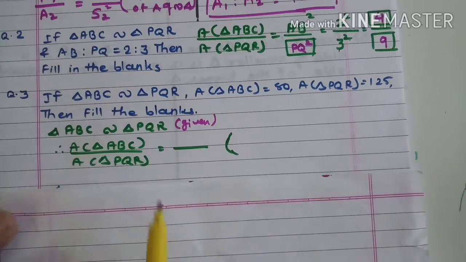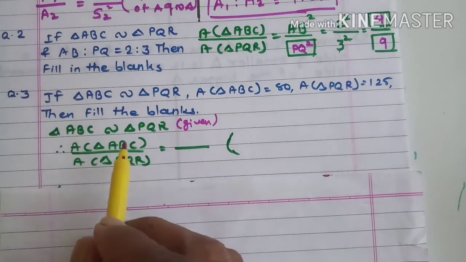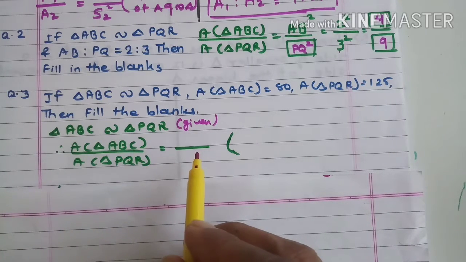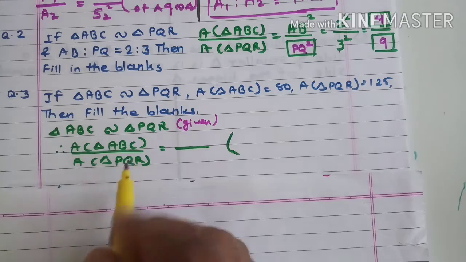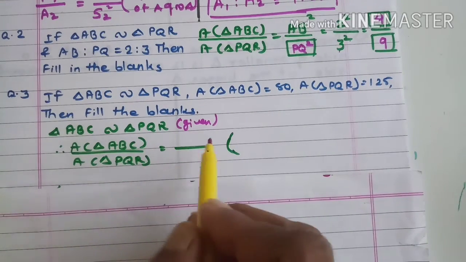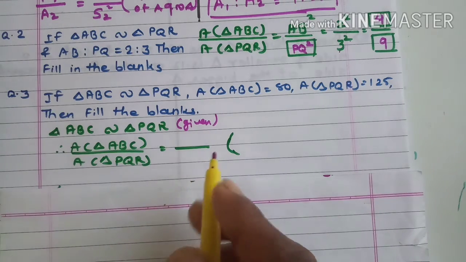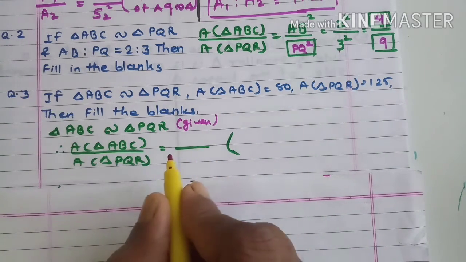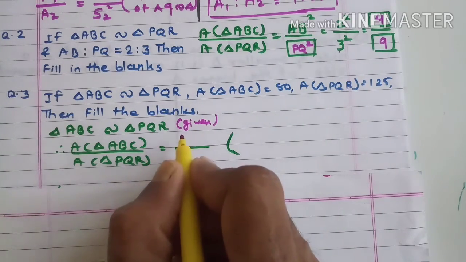Now once again we have to apply the same theorem. By the theorem of area of similar triangles, the ratio of areas of two triangles is equal to the ratio of squares of corresponding sides. Now they have given AB square upon PQ square.